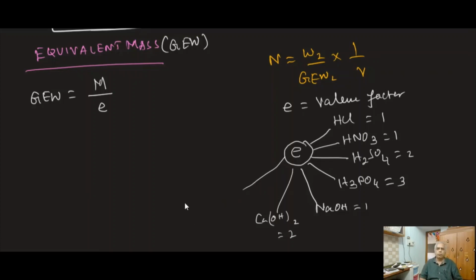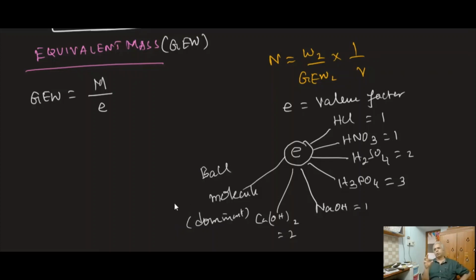Now, as we have already mentioned, the molar mass is very important in calculating the valency factor. In that case, we have to determine which is the dominant valency in a molecule.